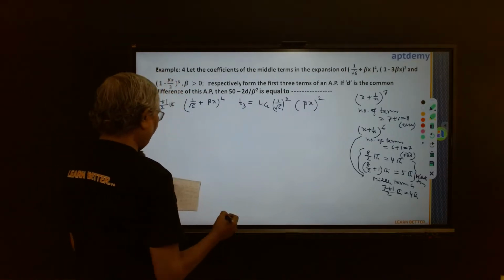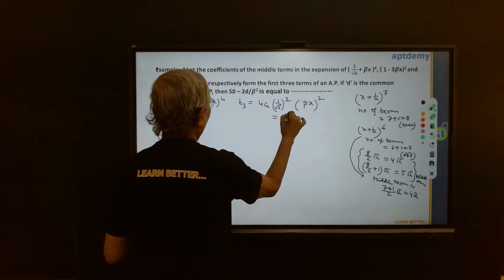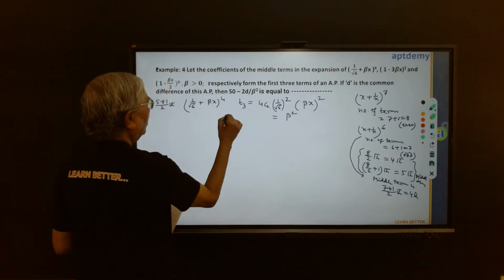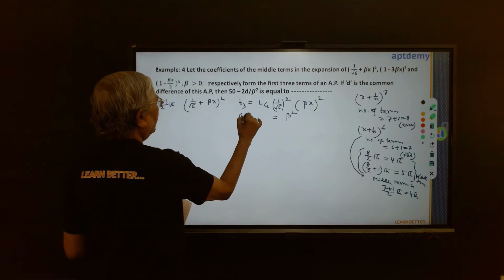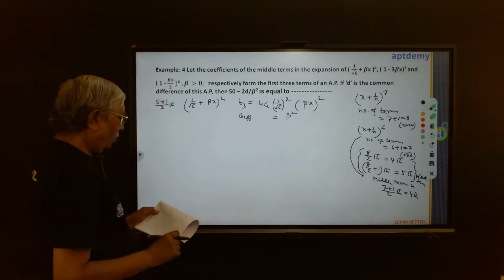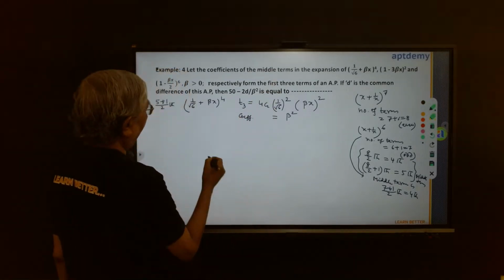If we simplify this, we will get beta square only. The coefficient will be equal to beta square.